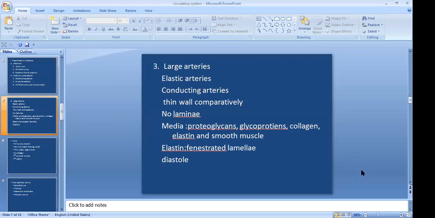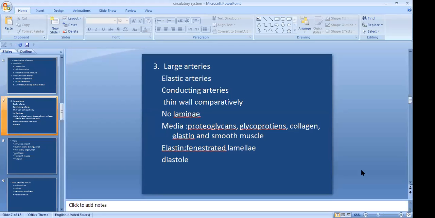Now, I would repeat again that the large arteries are also called elastic arteries and conducting arteries. They are called elastic arteries because they are composed of elastin in abundant quantity. Their wall is comparatively thin compared to medium-sized arteries, and they don't have internal and external elastic lamina.